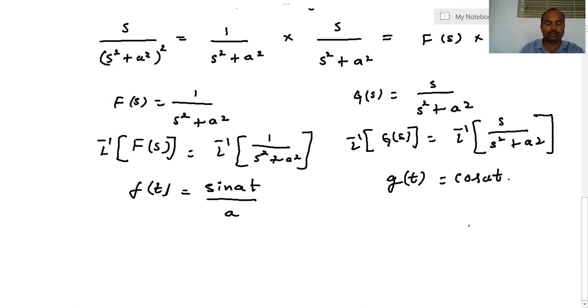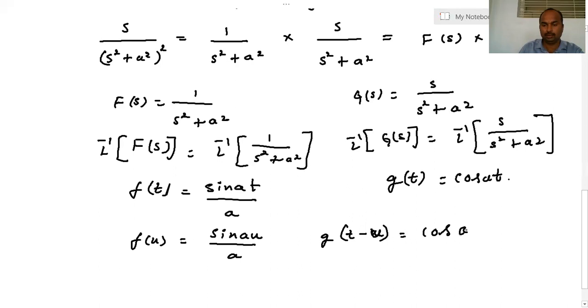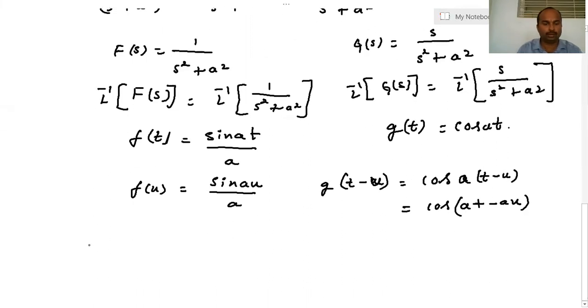So what we want? We want f(u). So f(u) means you should change t to u. So this will be sin au by a. And g(t minus u) means replace t by t minus u: cos a into (t minus u), or we can write this as cos(at minus au). So now you write the convolution theorem.